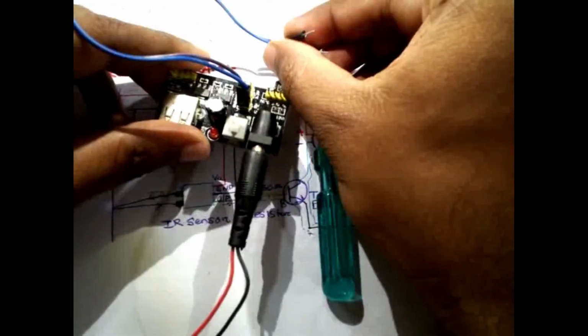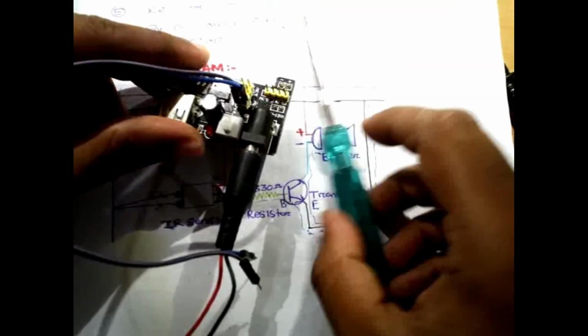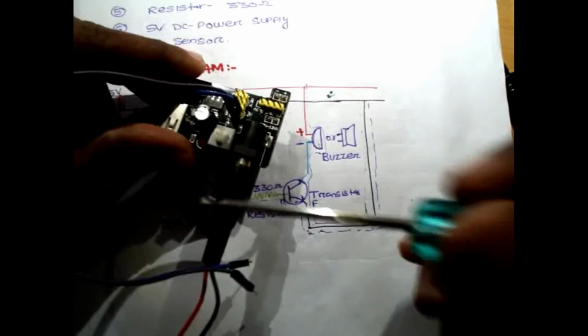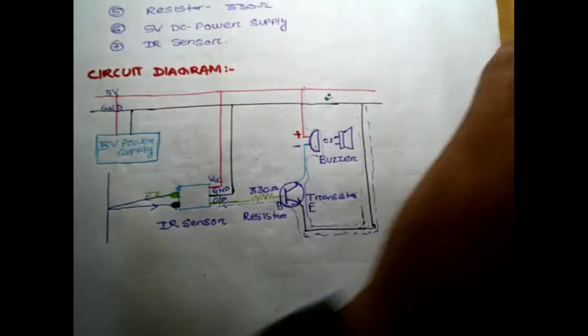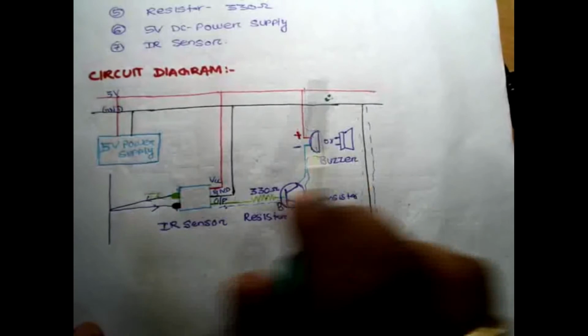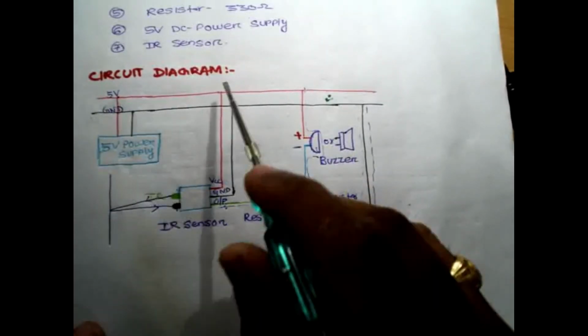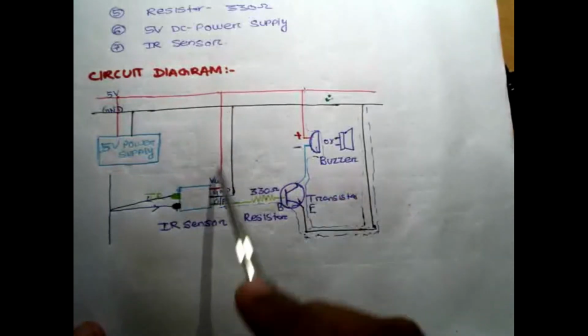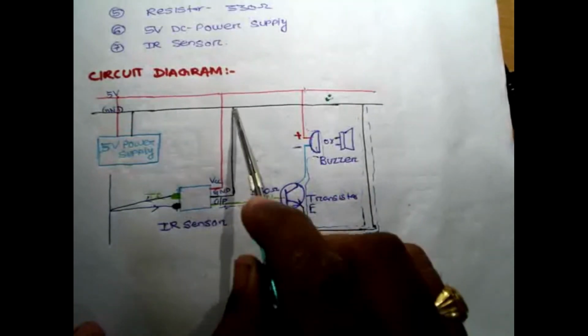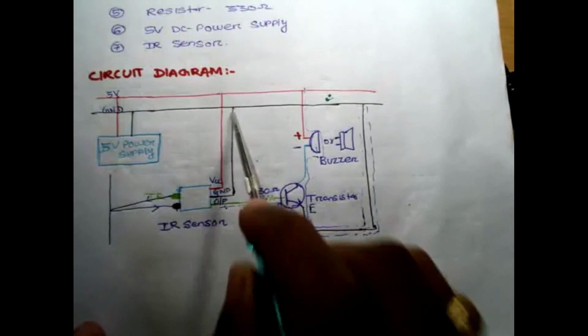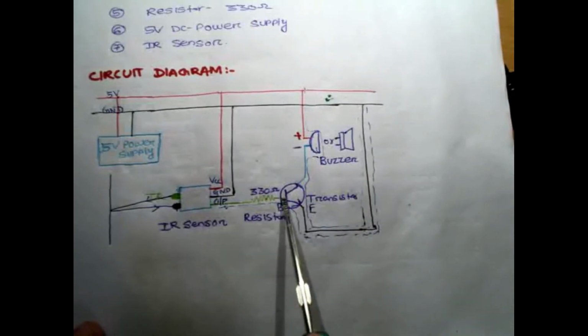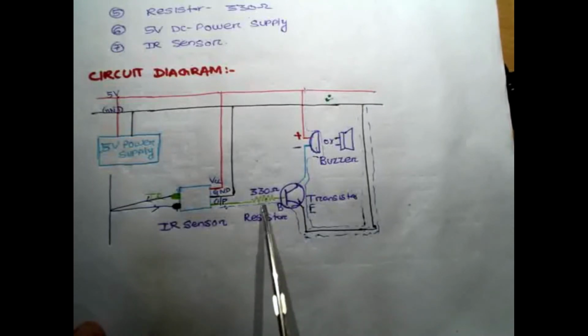Through this female to male jumper wire, I am fetching my 5 volt from the power supply unit and giving it to the upper horizontal lines of the breadboard. Then this VCC is connected to the 5 volt and ground is connected to my ground, the lower line of the breadboard, and this output is connected to the base of the transistor through a 330 ohm resistor.